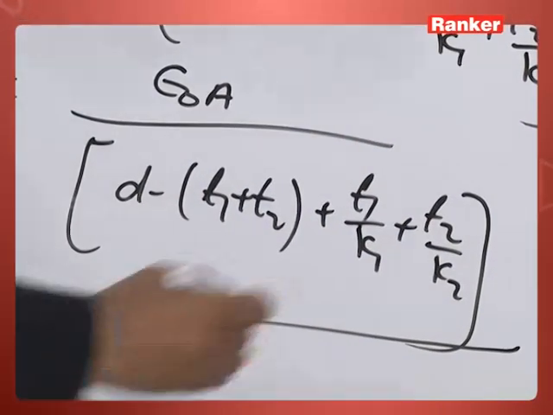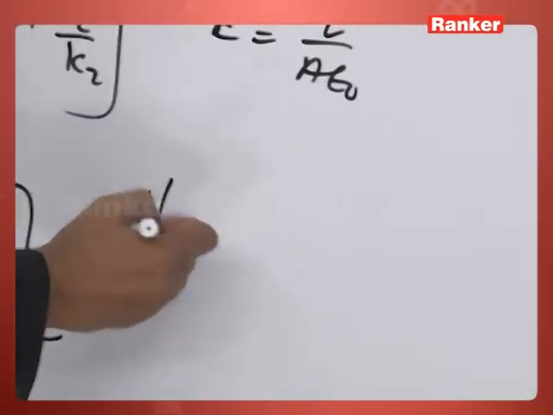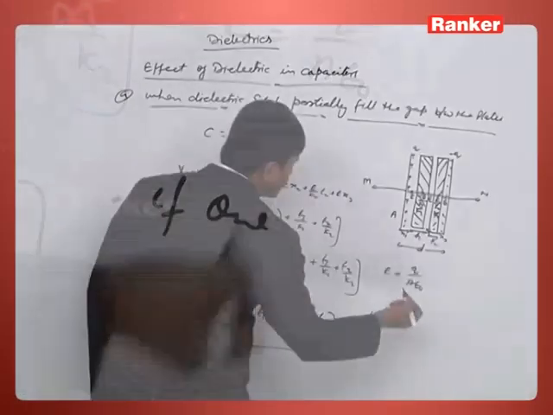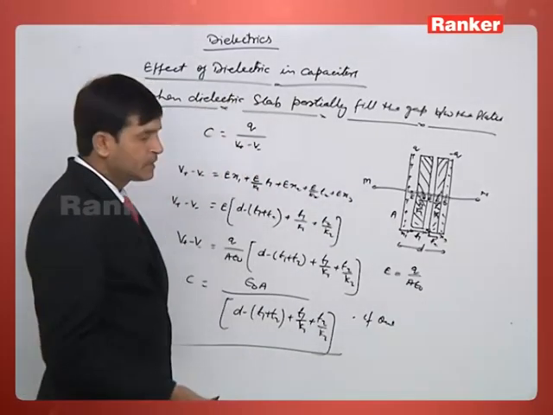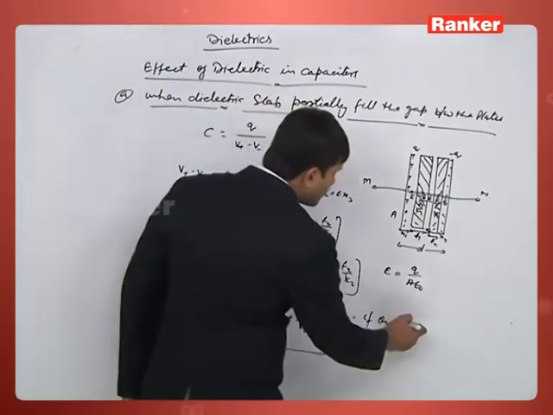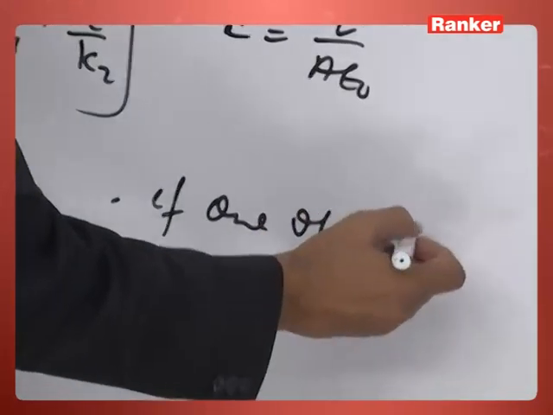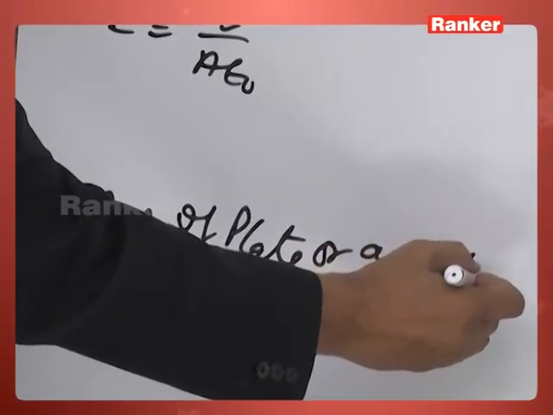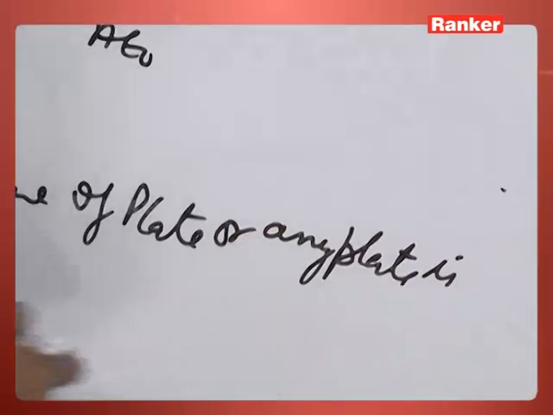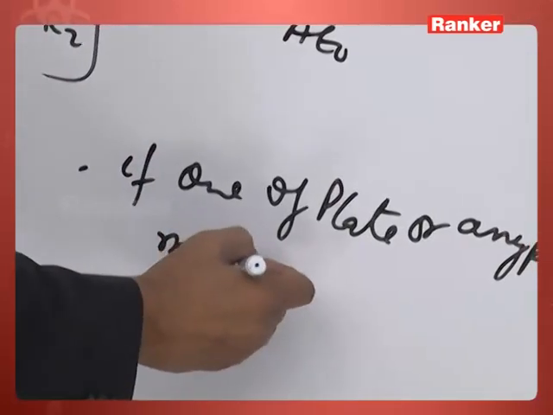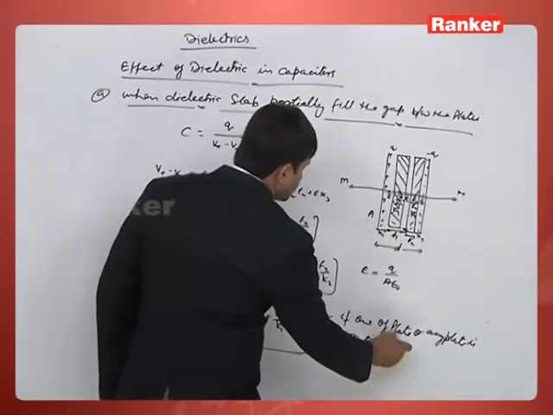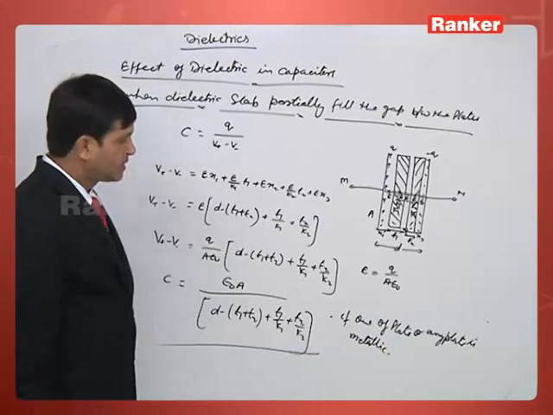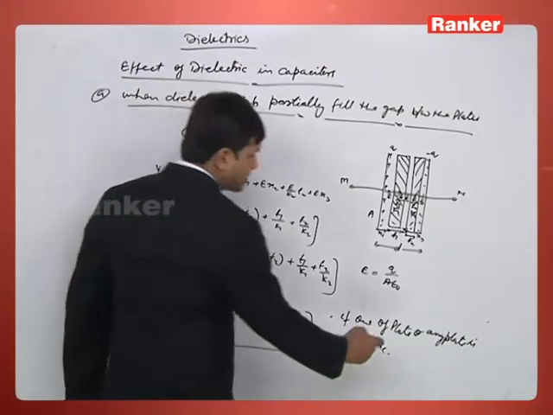And moreover, if one of the plates or any plate is metallic, then for metals K is equal to infinity.